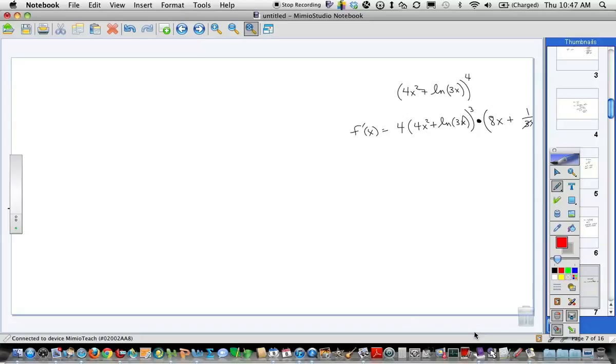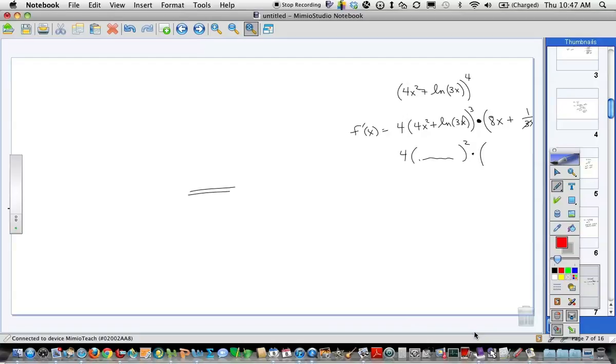So, when you get to that 3rd step where you multiply by the derivative of the inside, what you'll see me do most of the time is I'll write out the problem. And when I get to here, I'm going to multiply by the derivative of the inside.